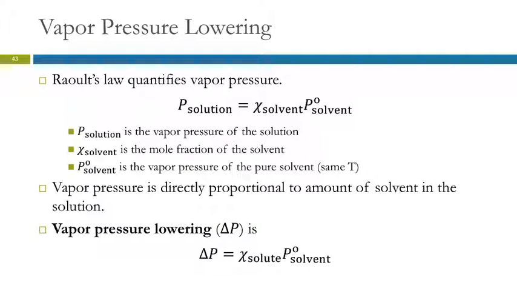So of course we can quantify this. This is Raoult's law. So the vapor pressure of that solvent in the solution is equal to the mole fraction of the solvent times the vapor pressure of the pure solvent.